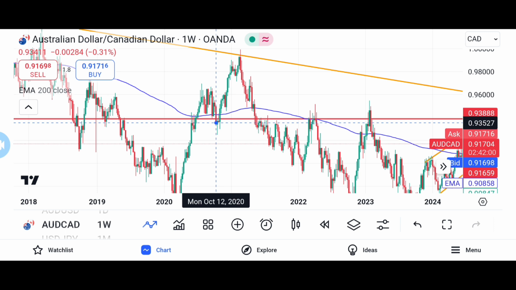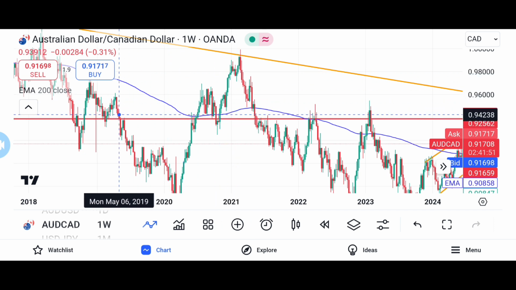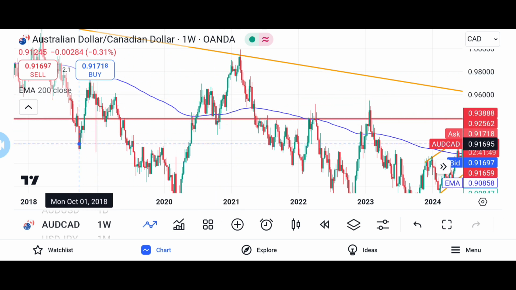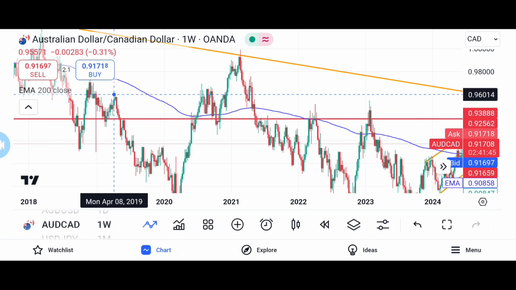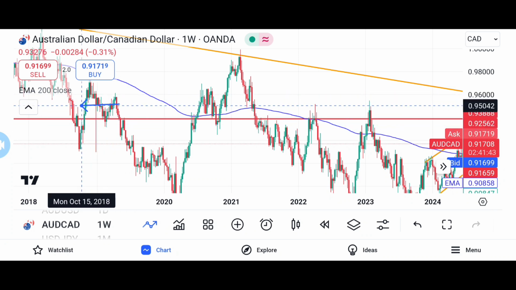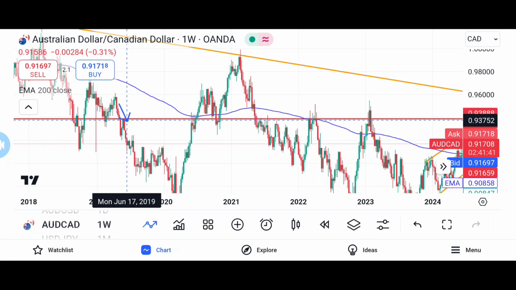So they used this zone as support so that they can push the price higher, okay? Same here, they broke, retraced back and then pushed the price higher. So the red line, once the price is above it, becomes the support, or once the price is below it, it becomes the resistance. Are we together?